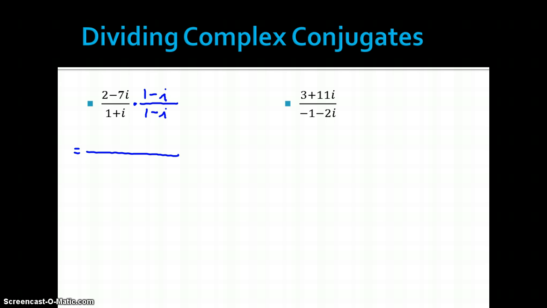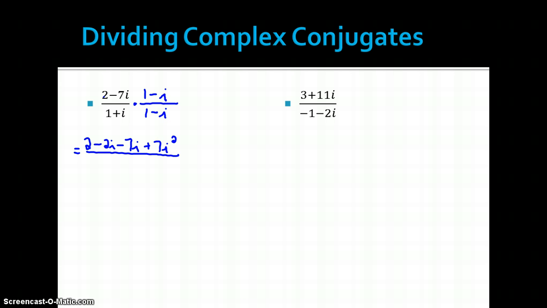Numerator, 2 times 1 is 2. 2 times negative i is minus 2i. Negative 7i times 1 is minus 7i. And then negative 7i times negative i is plus 7i squared.